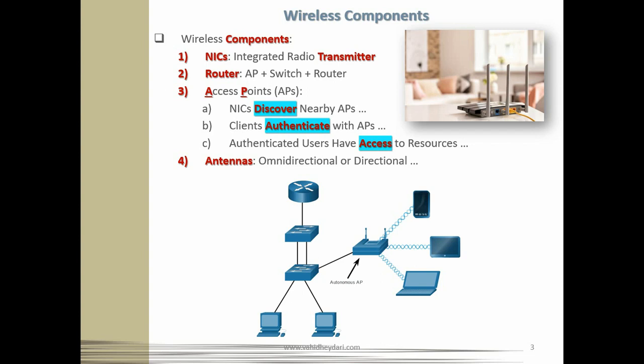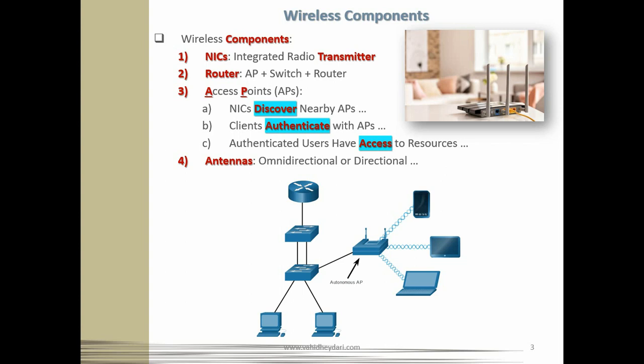At the same time, if you look at the back of the wireless router that you have at home, you see some ports available for wired communication. So that wireless router is also a switch, meaning that it gives you the ability to interconnect wired devices as well as wireless devices. Those wired devices are connected to the switch subcomponent of a wireless router.